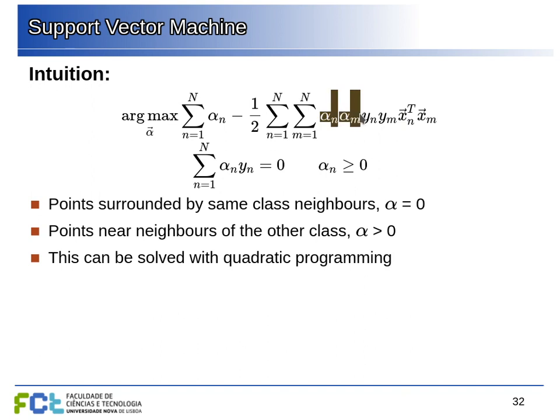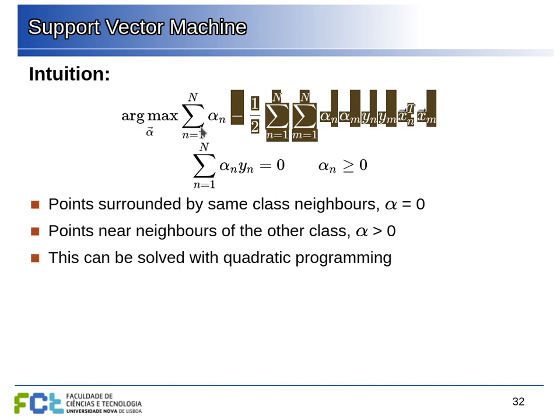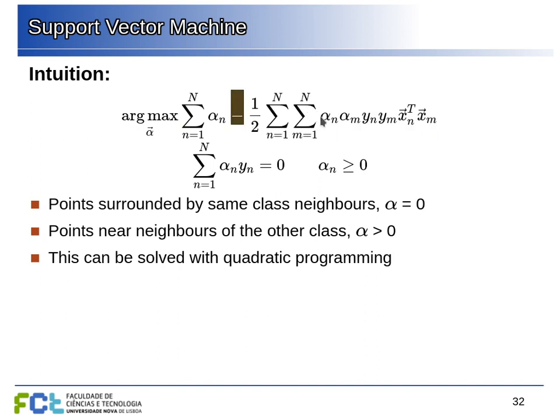And so we want points that are surrounded by neighbors in the same class to have alphas as small as possible so that we can maximize this expression. Remember that here in these products we are subtracting, so we are penalizing if we increase the size of the alpha for points that are surrounded by neighbors of the same class.